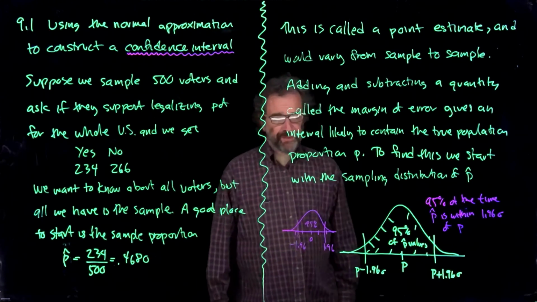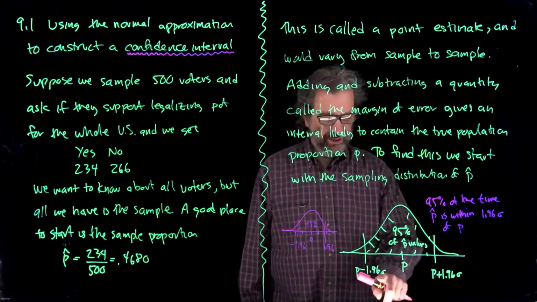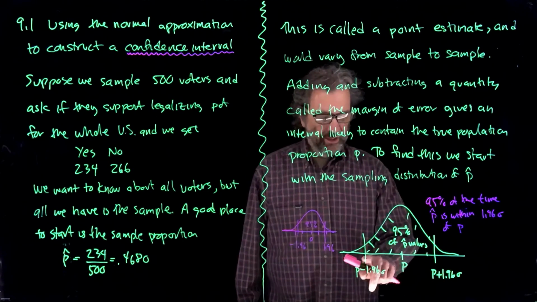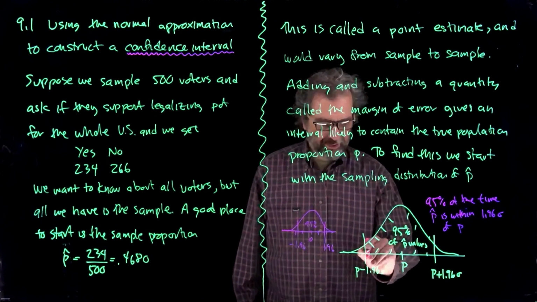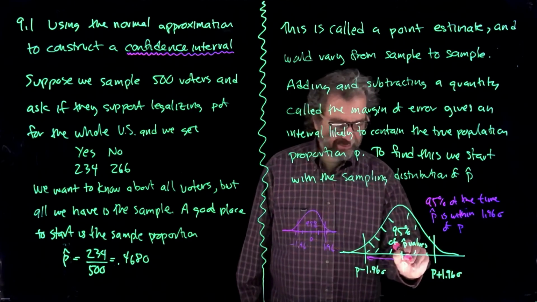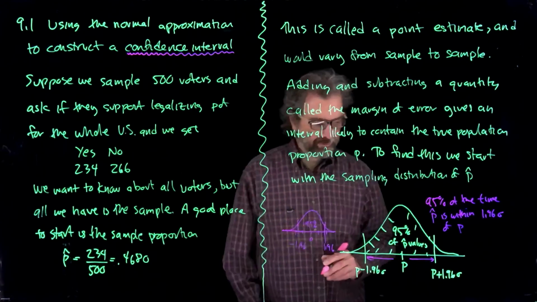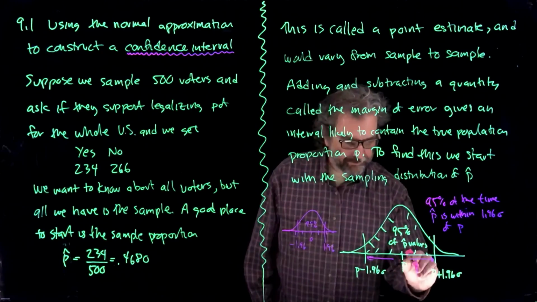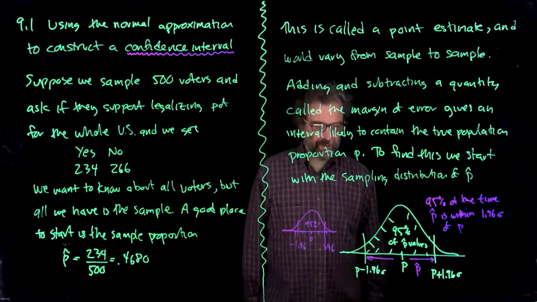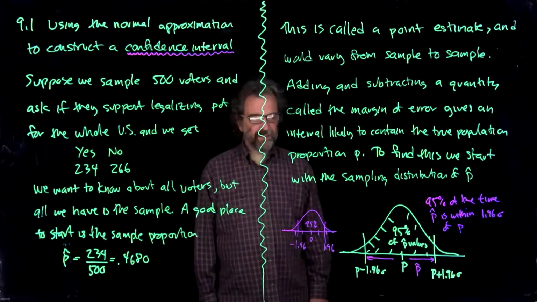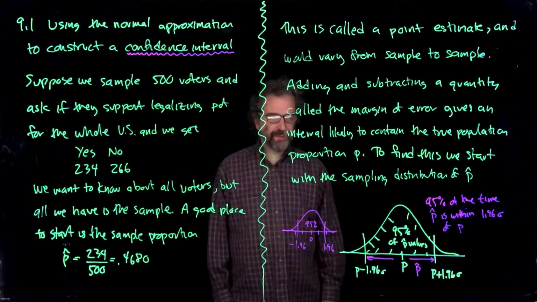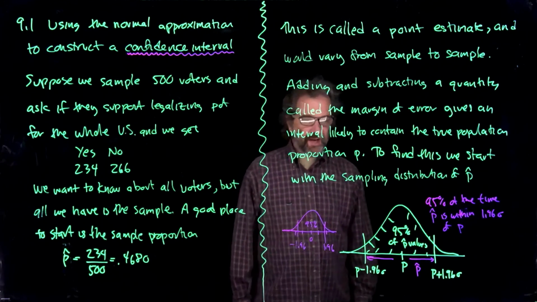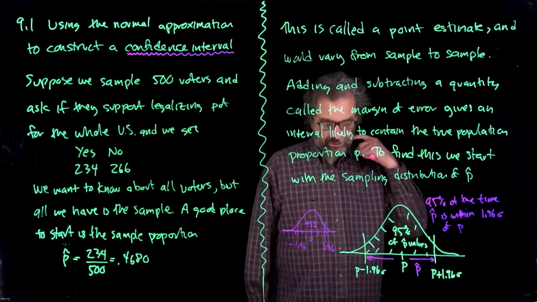So in general terms, if you take the mean and you go 1.96 standard deviations away from the mean on each side, and you look at that region, these kinds of P hats, from P minus 1.96 sigma to P plus 1.96 sigma, captures 95% of the P hat values.